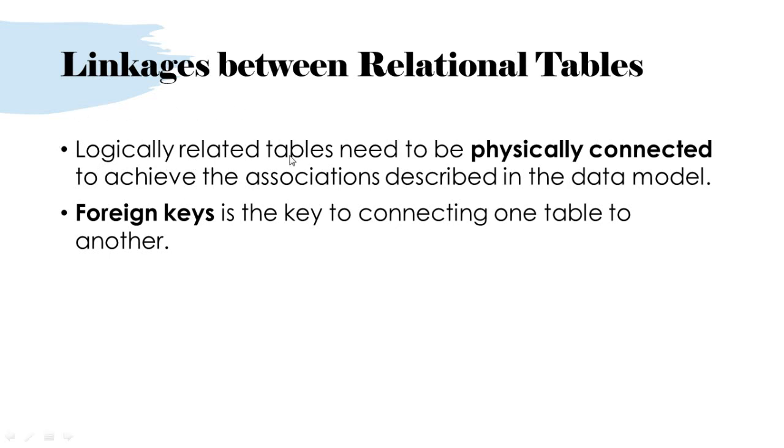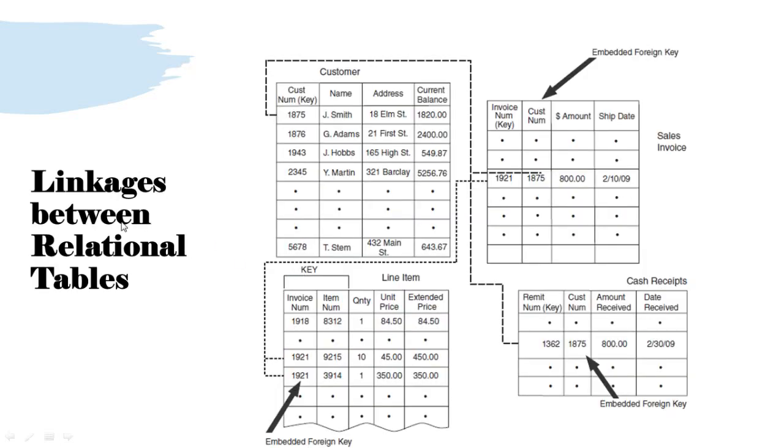Logically related tables need to be physically connected to achieve the association described in the data model. For connecting them, we use foreign keys to connect one table to another. For example, like this, linkage between relational tables.